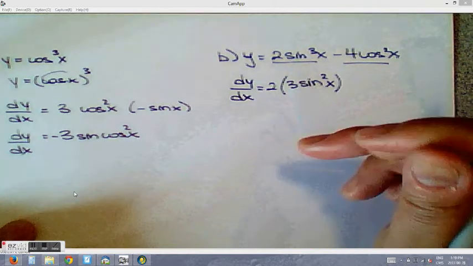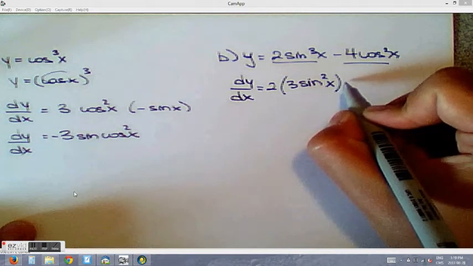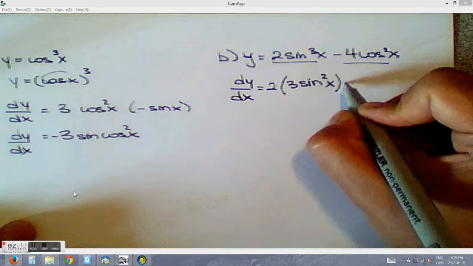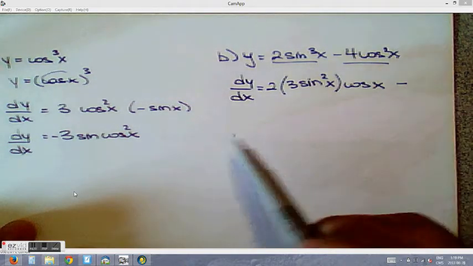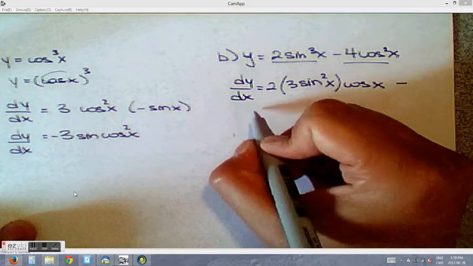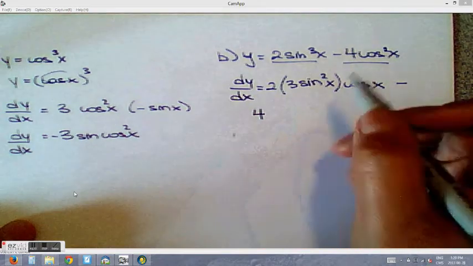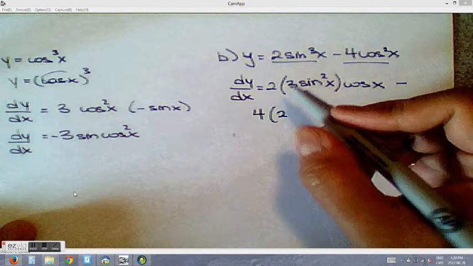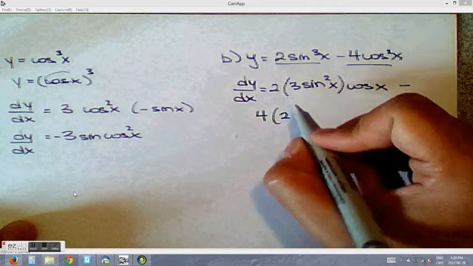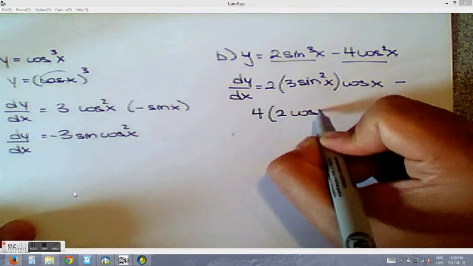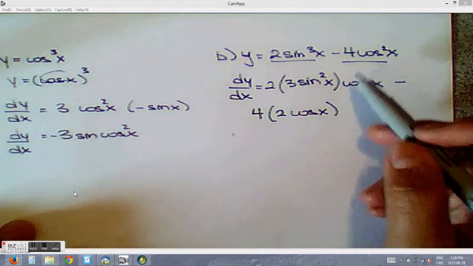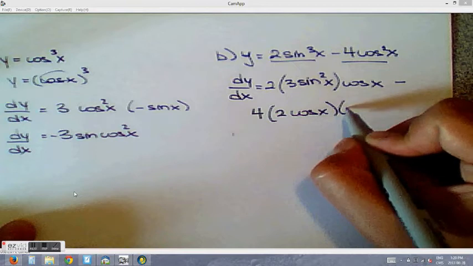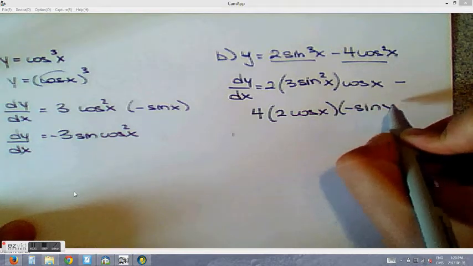Bracket, and the derivative of what's inside, so it's just cosine of x. And then we're going to subtract that, and I'm going to have to go on to the next line. So 4, bring that out front. 2, because of our exponent 2, we're going to bring it down. Cosine of x, bracket, and the derivative of just the cosine of x, negative sine x.